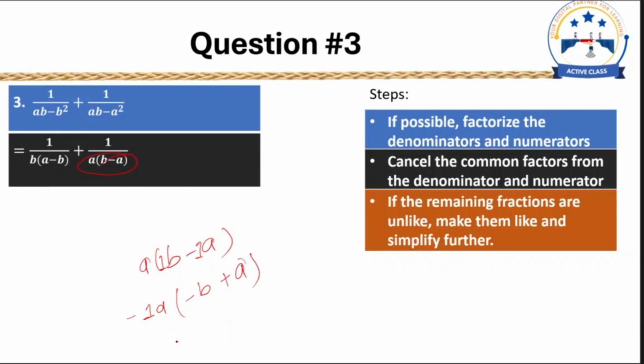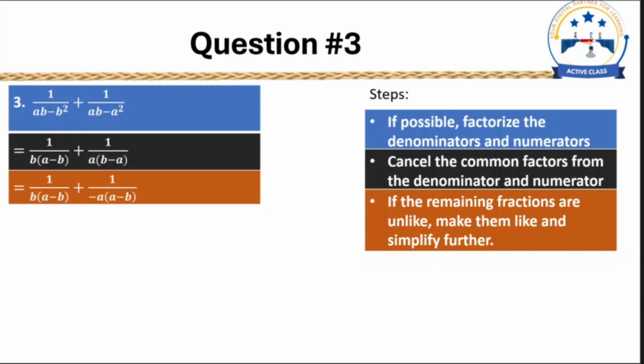So I can remove this 1 from the coefficient of a, so it becomes minus a, and plus a I'll write in front and minus b at the back. This is how we change b minus a into a minus b. I just took minus a in front, that's why b minus a has become a minus b. Now this minus and plus, I can multiply them and the symbol in the middle becomes minus.